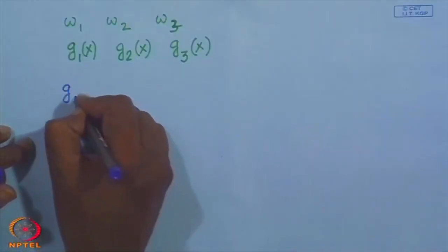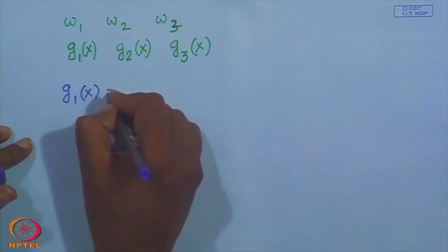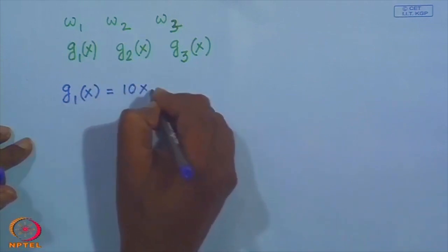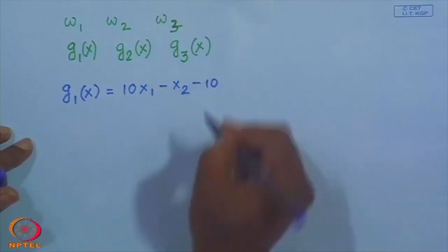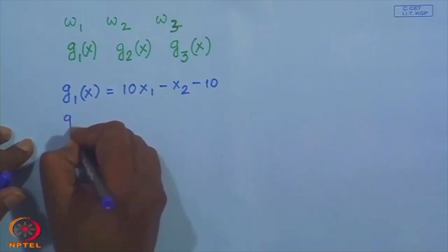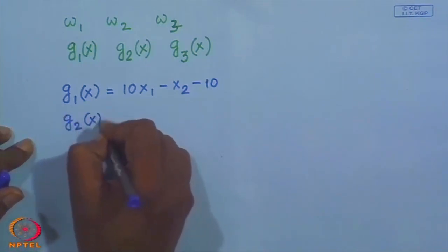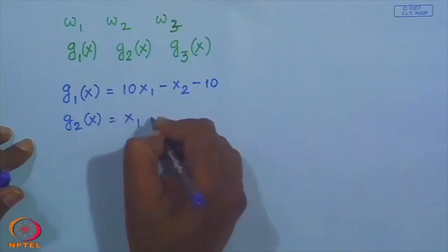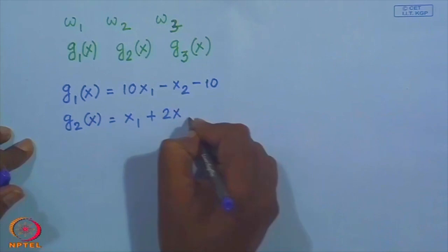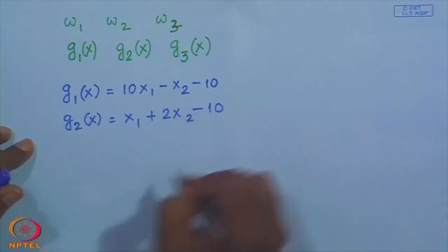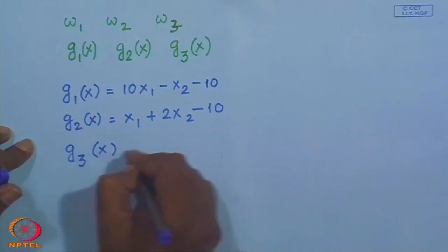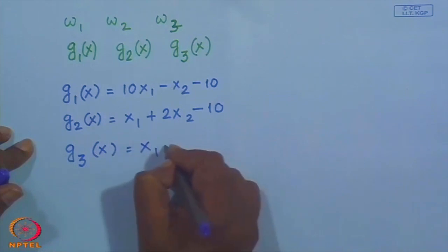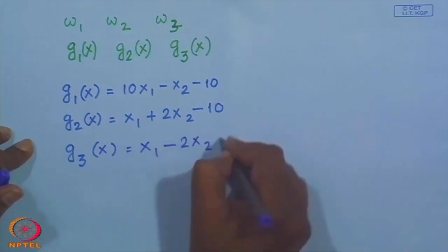Say g1x is equal to 10 x1 minus x2 minus 10. g2x, let us take x1 plus 2x2 minus 10, and suppose g3x is equal to x1 minus 2x2 minus 10.